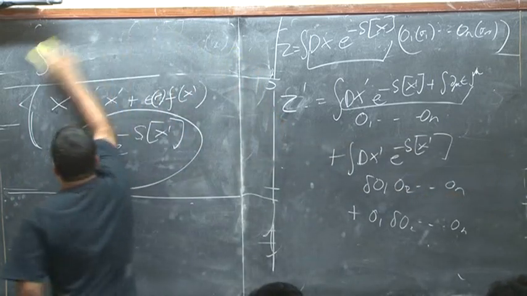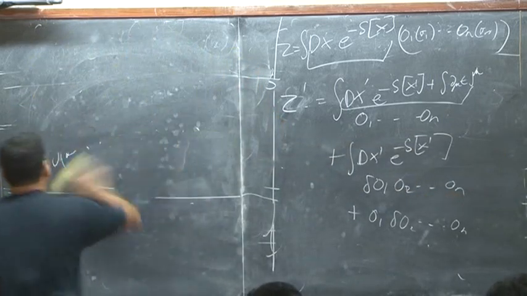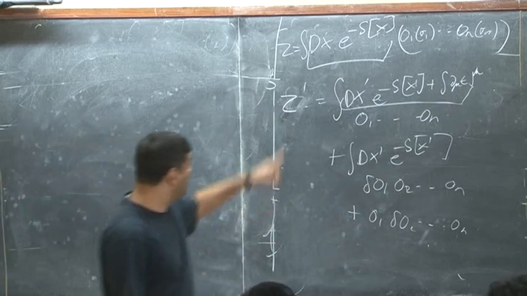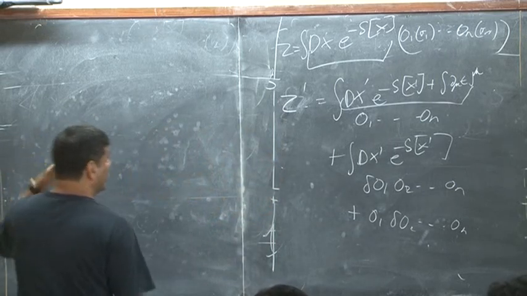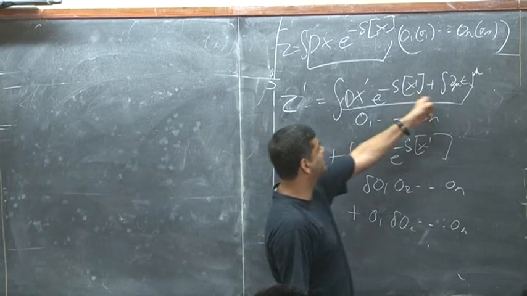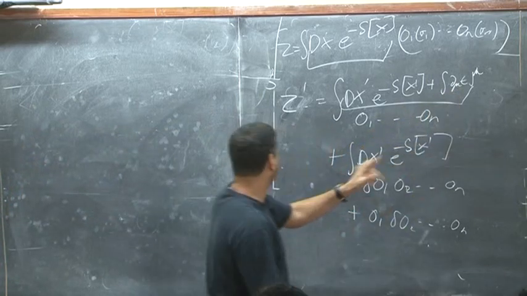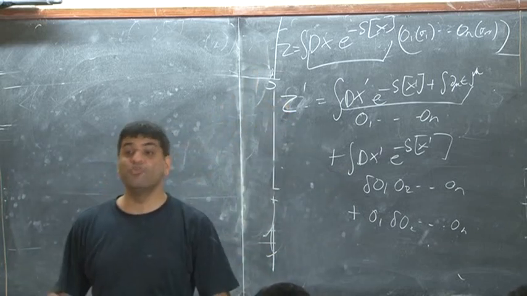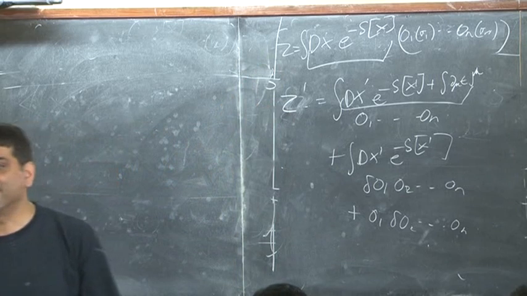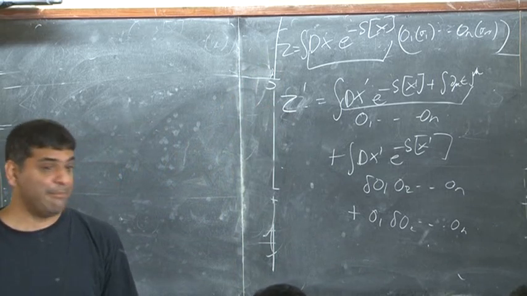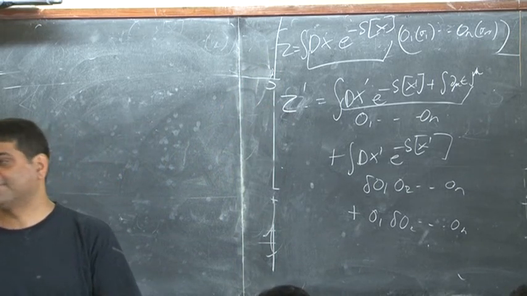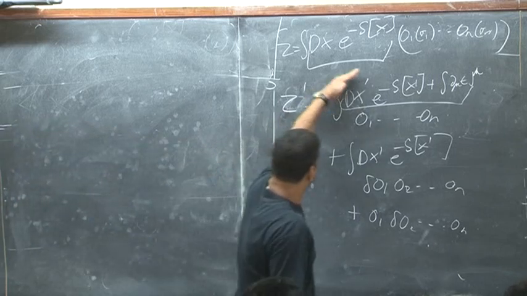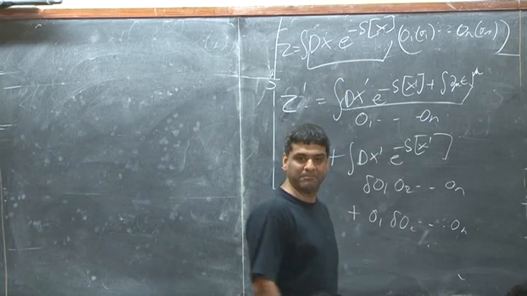Okay. Now let's rewrite this equation. Now we can be less aesthetic and bring this down. Now there's an important point. This is Z, this is Z prime. But what can we say about the numerical value of Z as compared to Z prime? It's the same, because we've just taken an integral and expressed it in different variables. So this is equal to this.